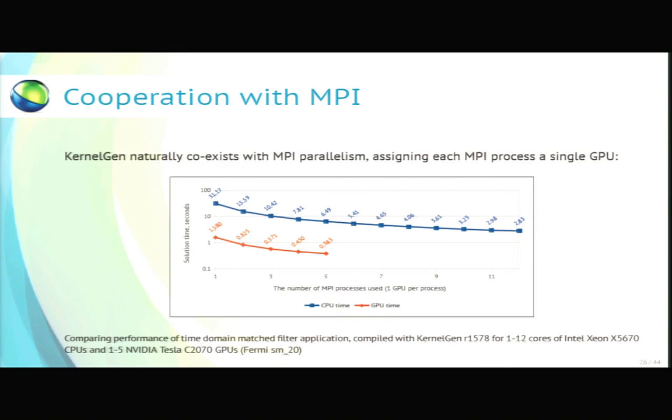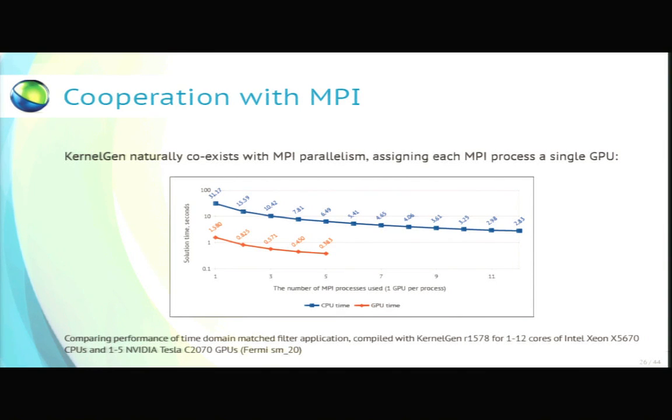Another test case is MPI nesting. Like in Axel's presentation, we are using the CUDA visible devices environment variable to assign a GPU to every MPI node, whereas the original version was working on one CPU core per MPI node. In this case, we don't have any modifications in the program.